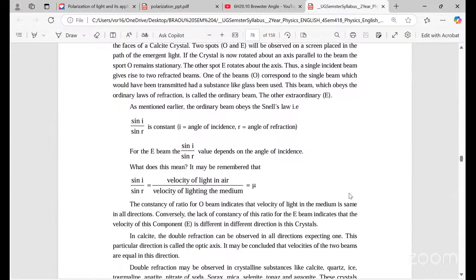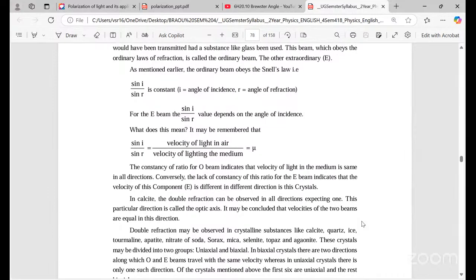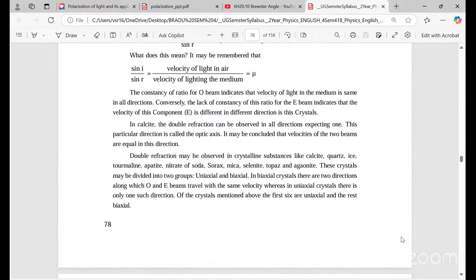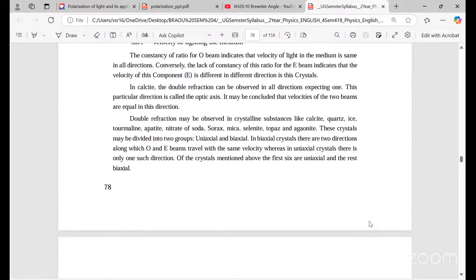Okay. So the ratio for the ordinary beam indicates that the velocity of light in the medium is the same in all directions, and the lack of constancy of this ratio for the extraordinary beam indicates that the velocity of the extraordinary component is different in different directions in the crystal. In a calcite crystal, double refraction may be observed in all directions except one particular direction, which is called the optic axis.